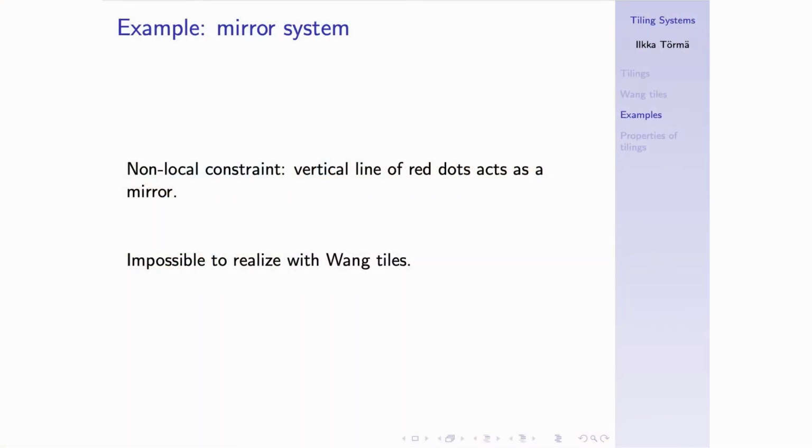Okay, but then we also have some systems which cannot be implemented with these hidden local constraints of Wang tiles. So the so-called mirror system is a standard example.